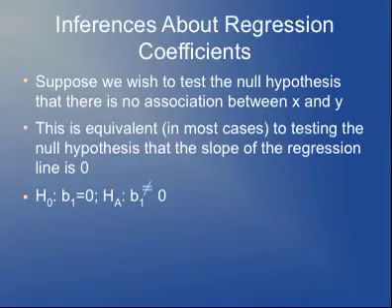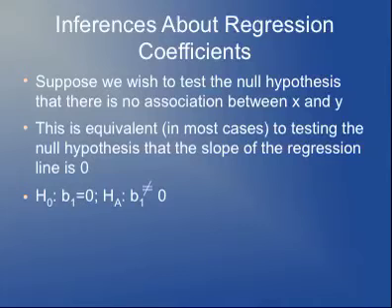First, we'll discuss inferences about regression coefficients. Say we want to test the null hypothesis that there's no association between x and y. In the overwhelming majority of cases, this is equivalent to testing the null hypothesis that the slope of the regression line is 0.